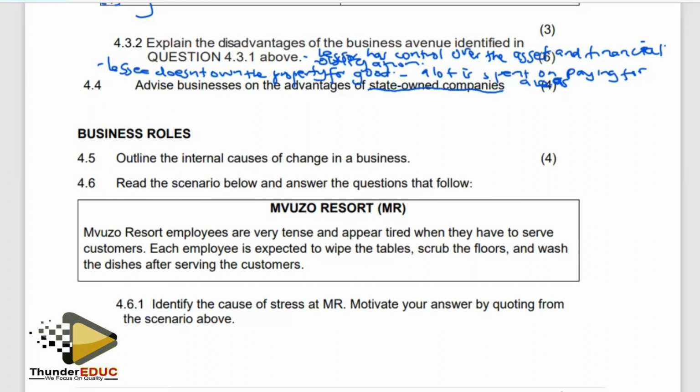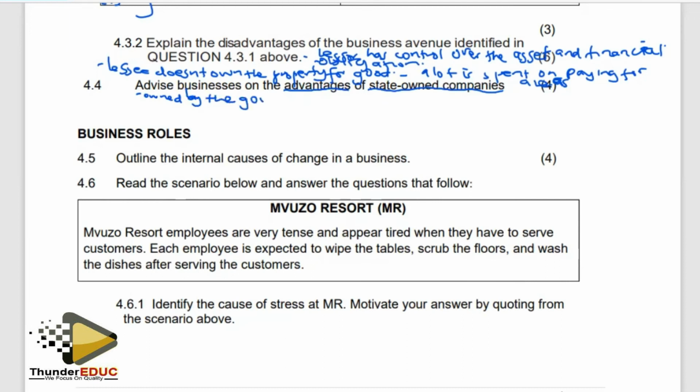And they want us to give advantages of state-owned businesses. If we want to remind ourselves, what are state-owned businesses? These are businesses which are owned and operated by the government.